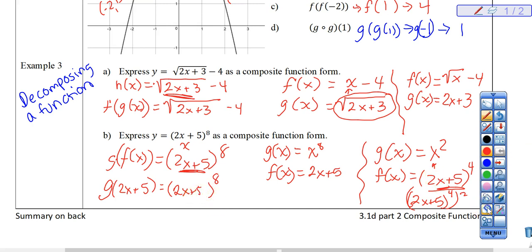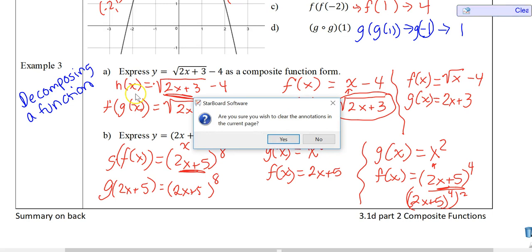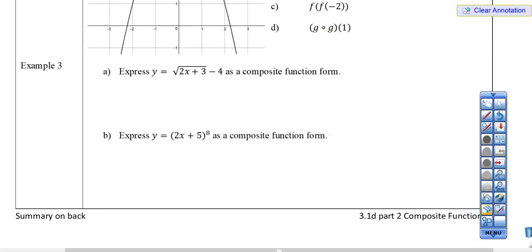So in my f of x, I have a grouping symbol, a square root right here.